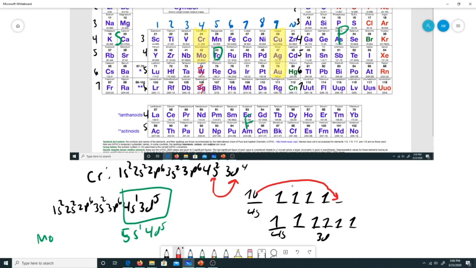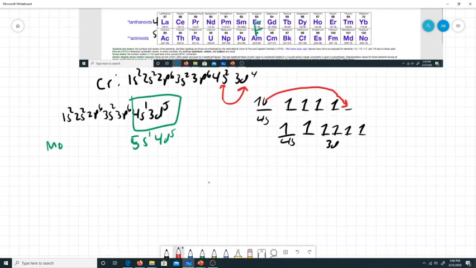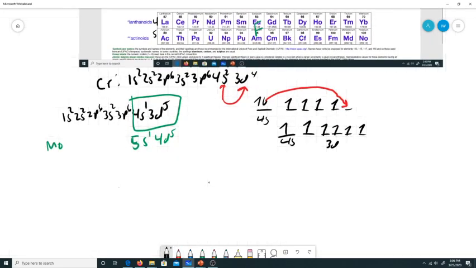Now, when it comes to column 9 here, copper, silver, and gold, notice these are all 1 electron away from being properly filled. So when it comes to copper, it will end with 3d9. Copper ends with 3d9, so let's write that configuration out.